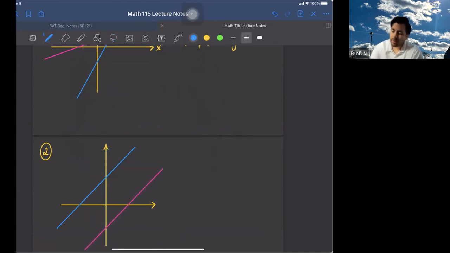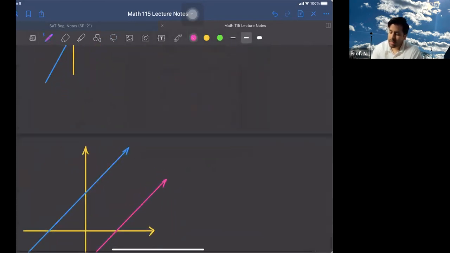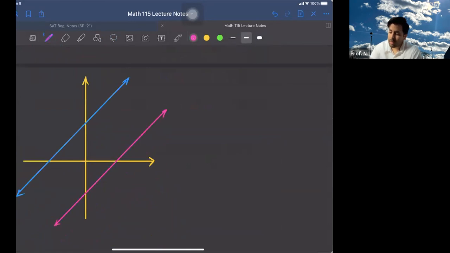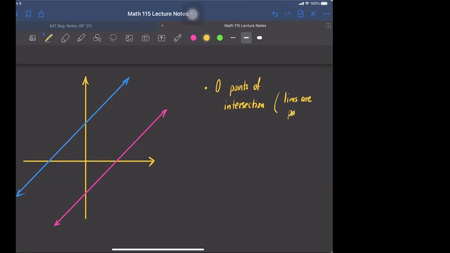Lines that never intersect are called what? There are 0 points of intersection. The lines are parallel.